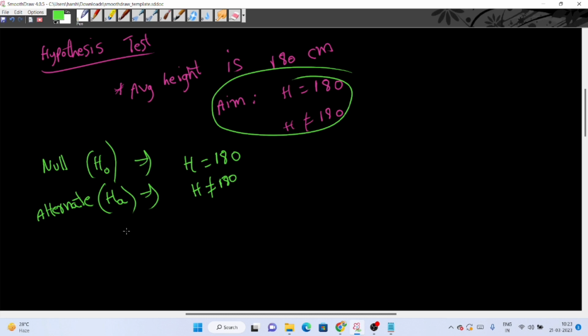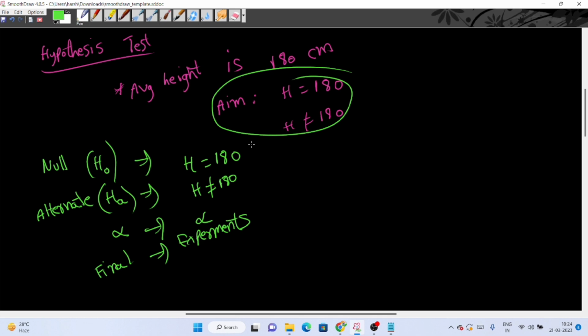In the third step, they will give us some significance value or confidence value in the problem statement itself. We are going to write that significance value, and the final step is experimentation. We have to do some kind of experiments to actually find whether the null hypothesis is true or false.